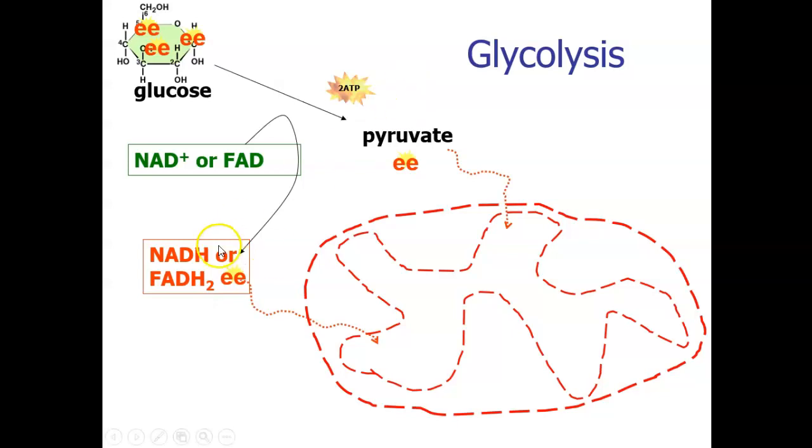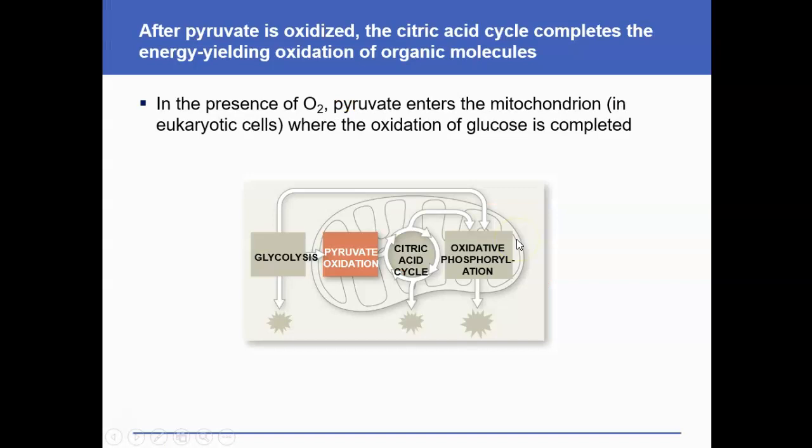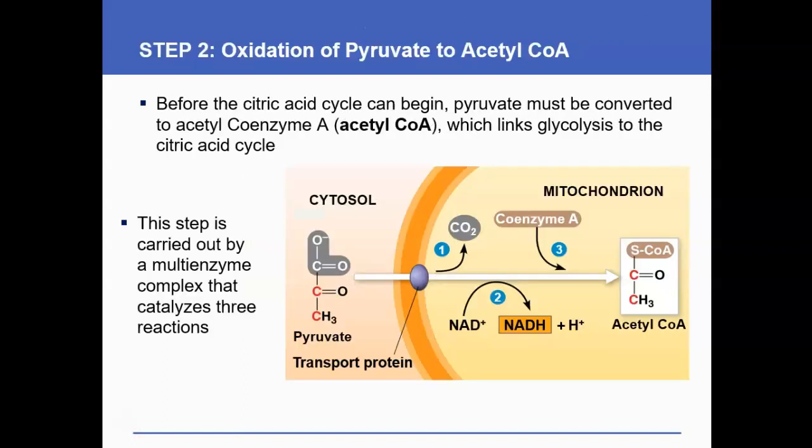And we're going to see those are the products that are then going to go into the mitochondria. So the second step is what we're going to see following that pyruvate. It's the pyruvate oxidation. And we're going to see how in the presence of oxygen, pyruvate cleaves off one of the carbons in the 3-carbon molecule to release the first carbon dioxide molecule and forms a complex with coenzyme A.